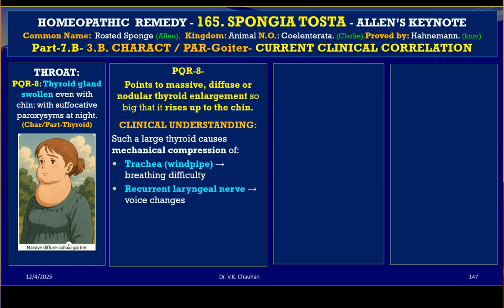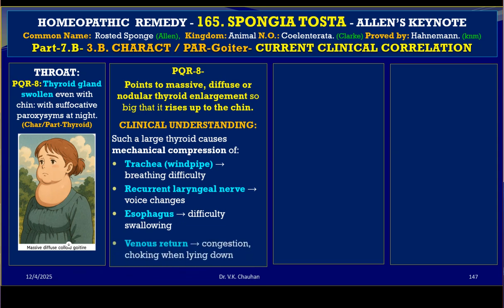If it is on the recurrent laryngeal nerve, you will have changes in the voice, and if it is on the esophagus, a very common feature will be dysphagia or difficulty in swallowing. Sometimes venous return is also affected. So there is a congestive choking while the patient lies down.